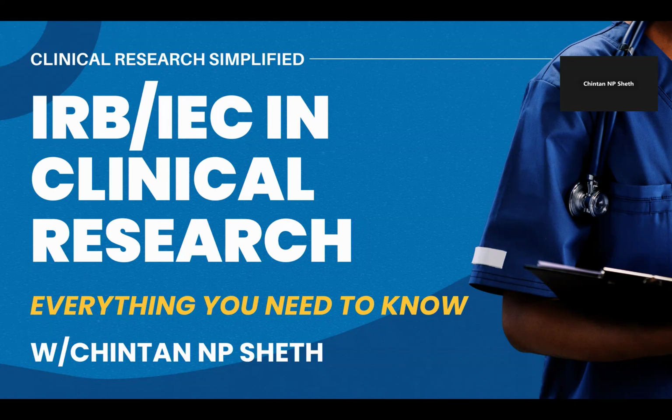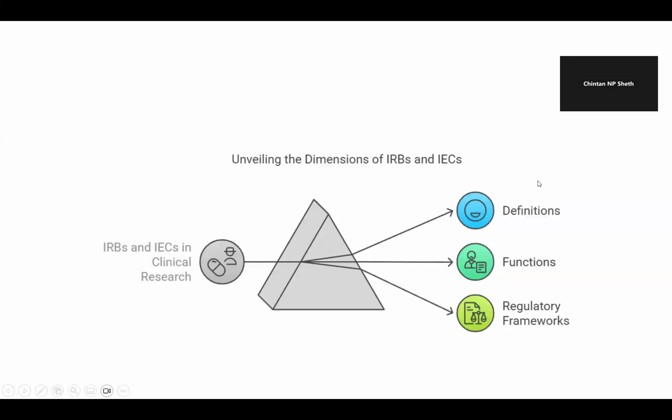Today we are going to do a deep dive and understand the importance, the definition, and the functions of the IRB and IEC. We are going to understand why IRB and IEC are important, what their difference is, what their functions are, why they exist, what regulatory frameworks they provide, and how they are functioning.